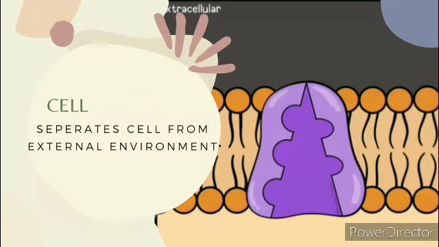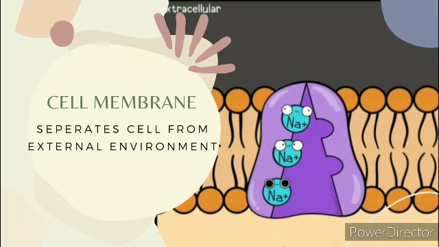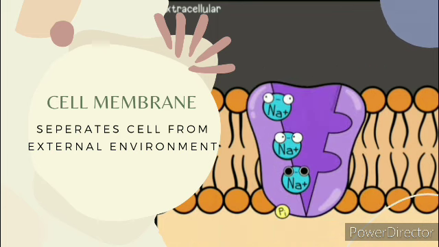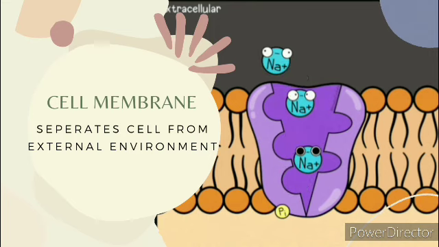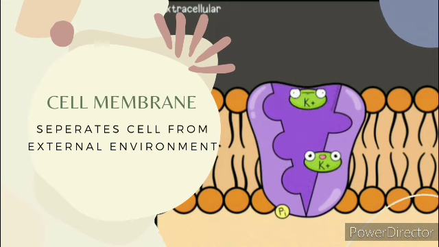First is the cell membrane. It separates the cell from the external environment, and controls the passage of organic molecules, ions, water, oxygen, and wastes into and out of the cell.